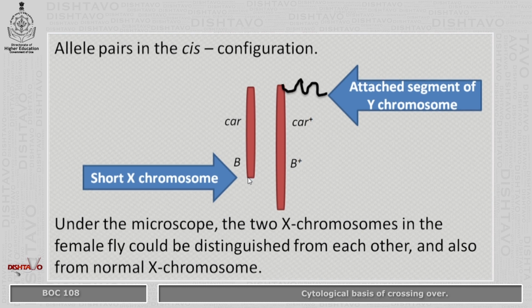So these two X chromosomes could be distinguished from each other and also from the normal X chromosome, because one X chromosome was shorter as a result of deletion, the other X chromosome was longer because of the translocation, and they could be distinguished from the normal X chromosome also.